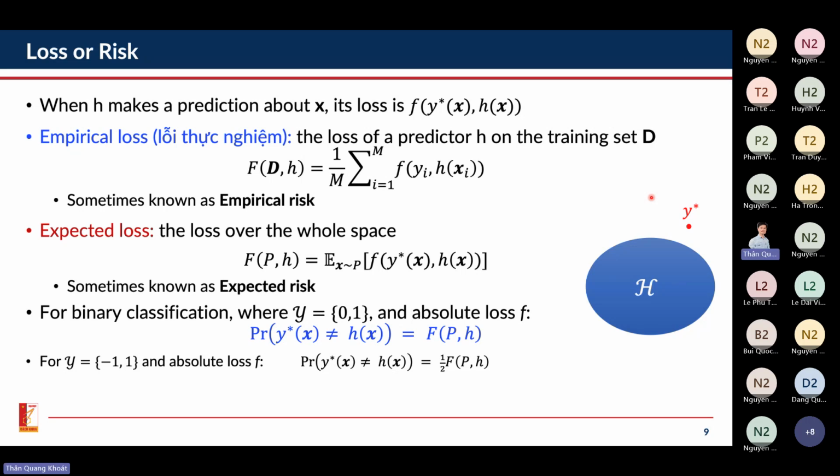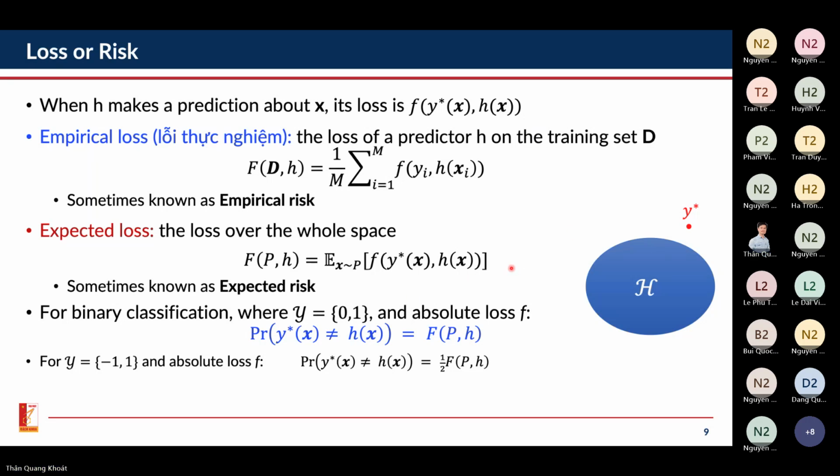The main goal when we work with a learning model is to minimize the expected error, the population error, right? That is the error averaged over all members in the data space, not just a simple training set.